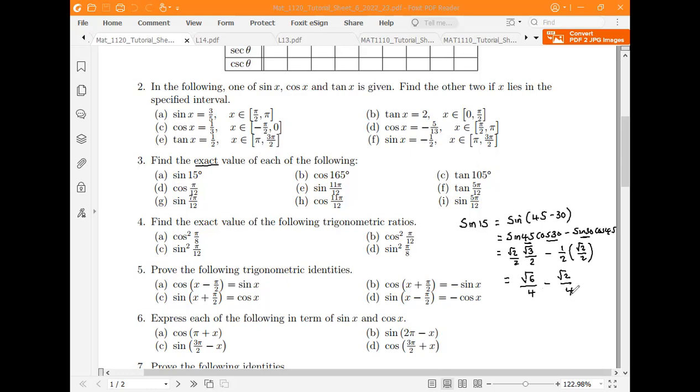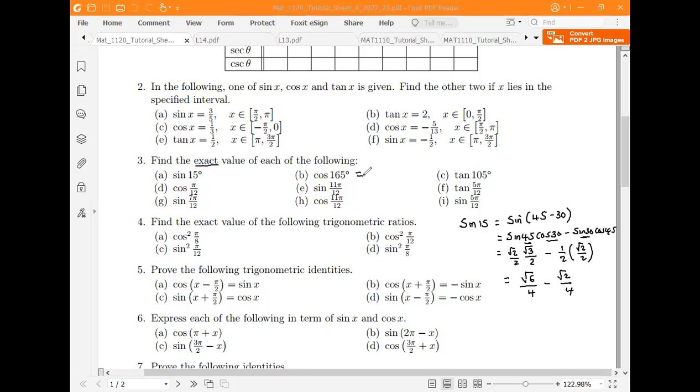Okay. If we go to cos 165, again, there could be two numbers we can add or subtract to get 165. So let's check the number. What is 165?